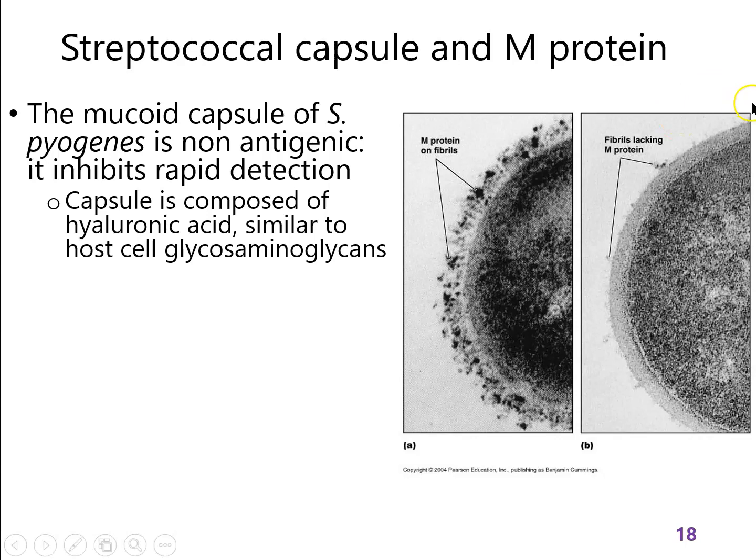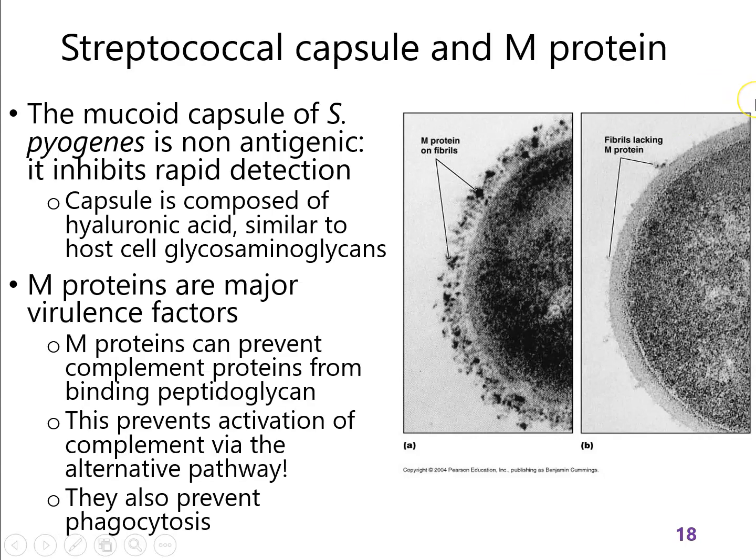So it hides in that way. And also it's covered with M proteins, and they can do things like disrupt the complement system, avoid opsonization. So those are some potent virulence factors.